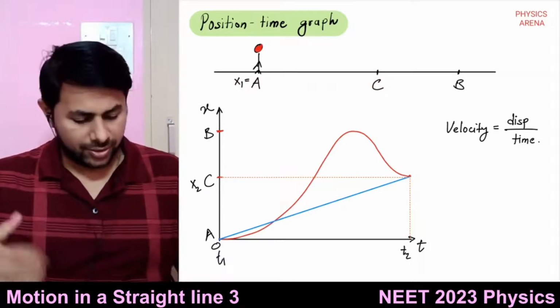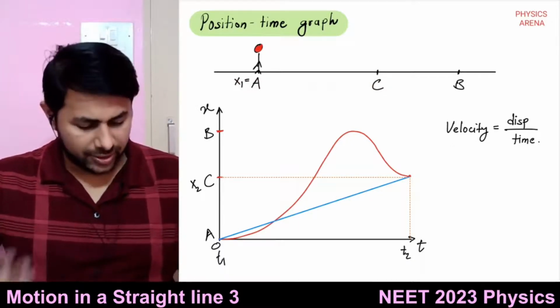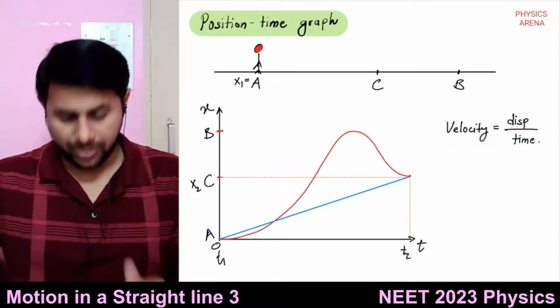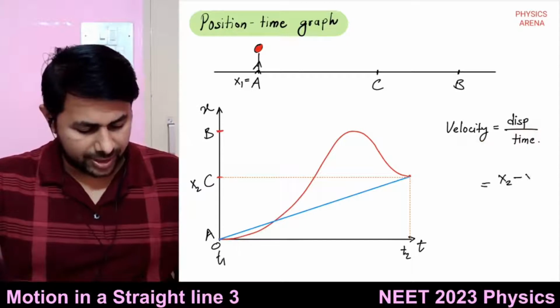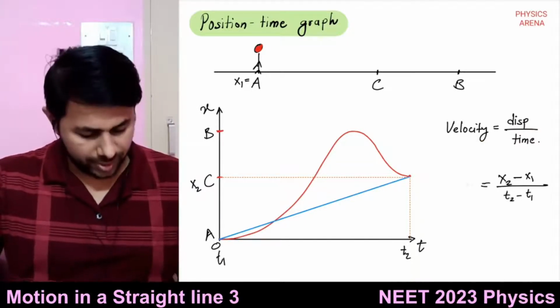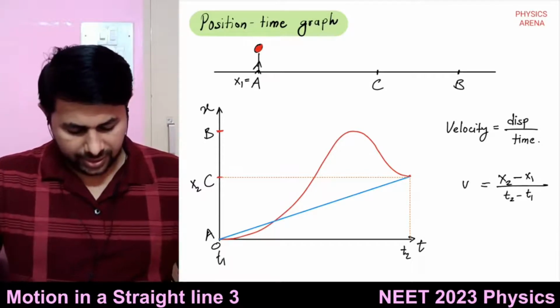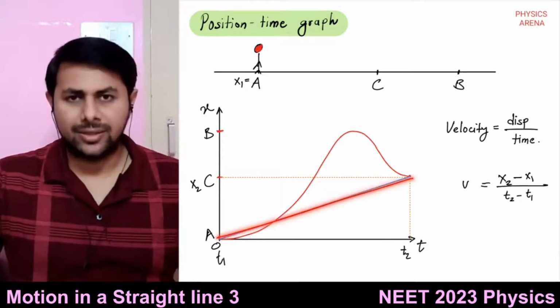So velocity is the change in position, x2 minus x1, divided by t2 minus t1. And it is the slope of this line.